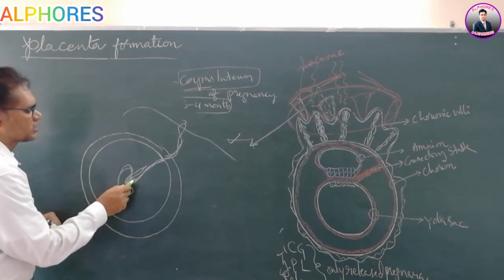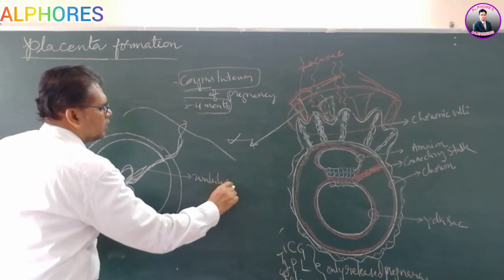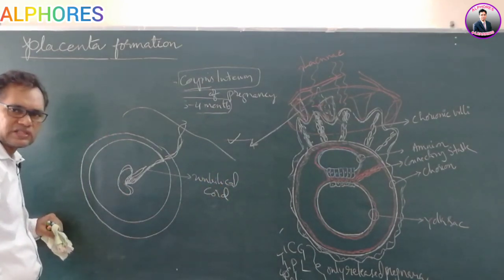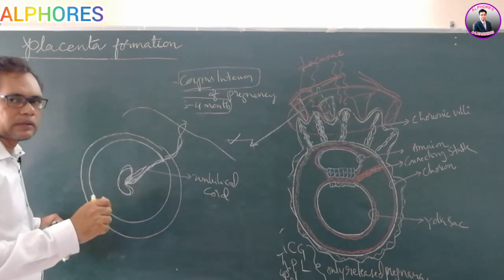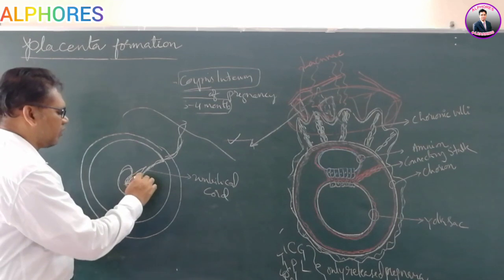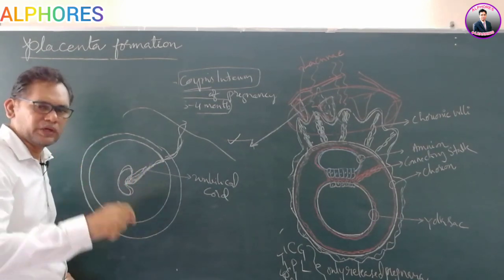Now the umbilical cord is formed from the placenta, and jelly-like connective tissue, which we call Wharton's jelly, is formed around it. Inside there are two arteries and one vein.